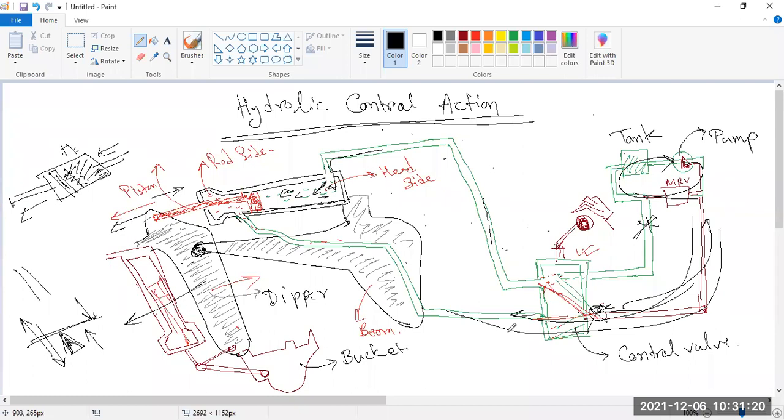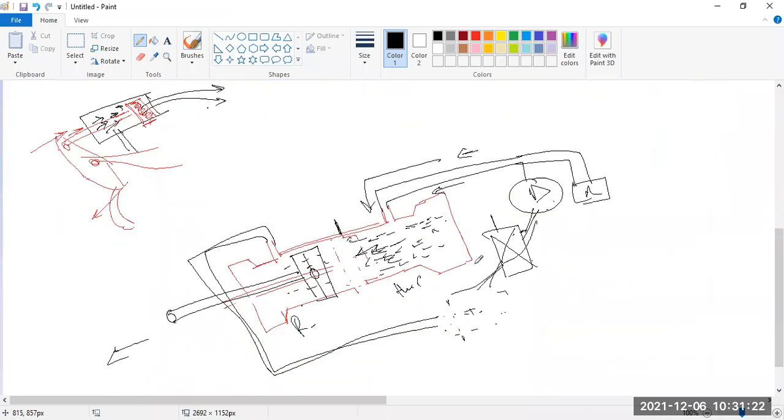I will explain this portion, but prior to that we have to know the piston action. So now the rod side is connected with this pump, and the head side is connected with this reservoir. So what happens in this position?